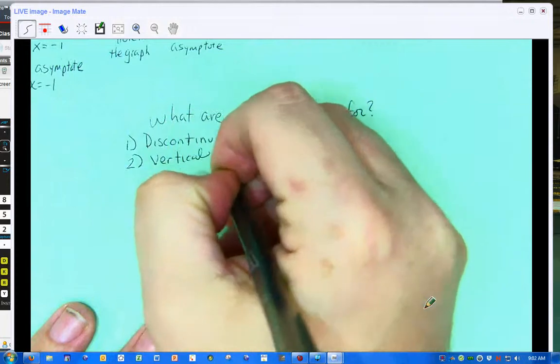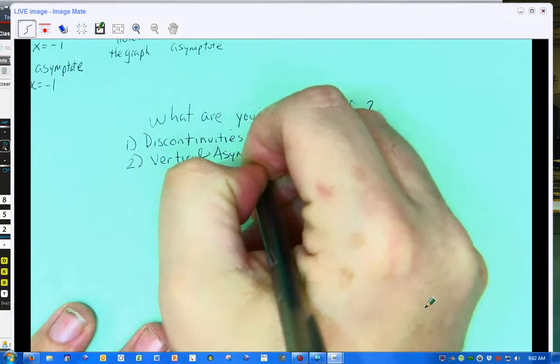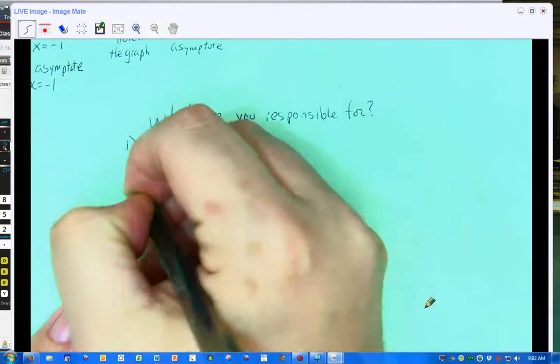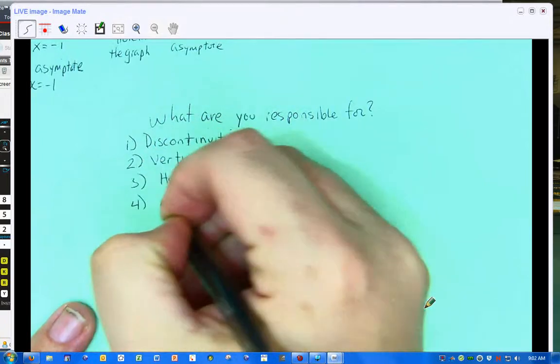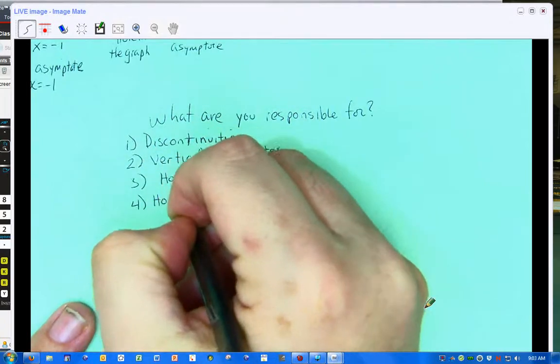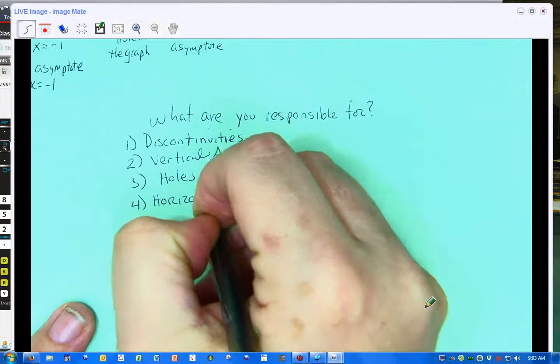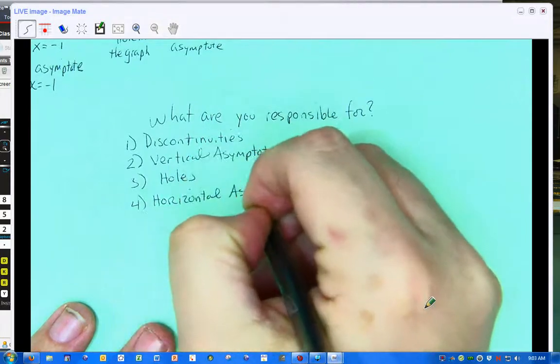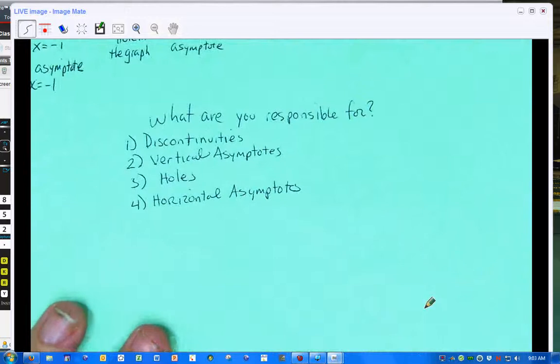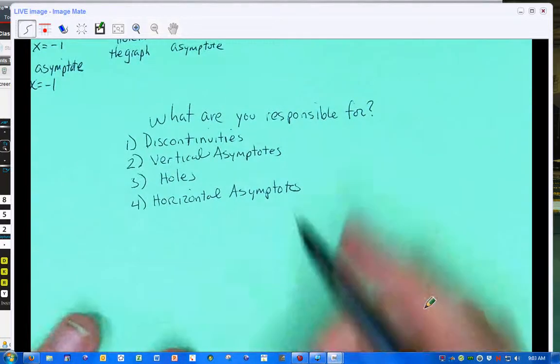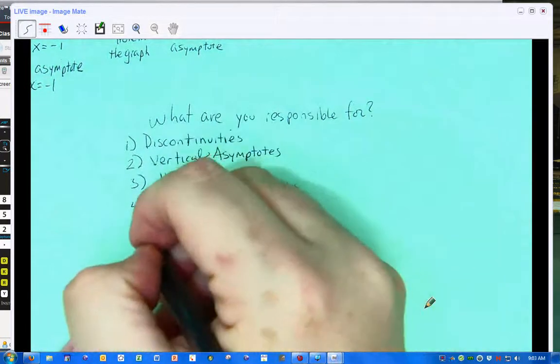Vertical asymptotes. Holes. Horizontal asymptotes. And like I said, we're going to keep things simple as far as that stuff goes. And zeros.